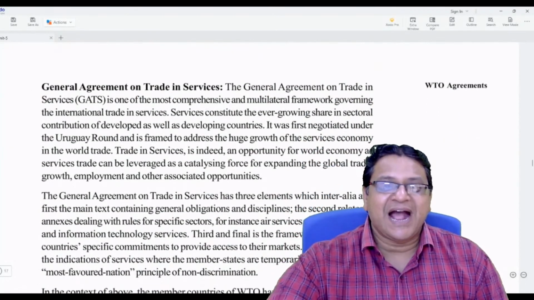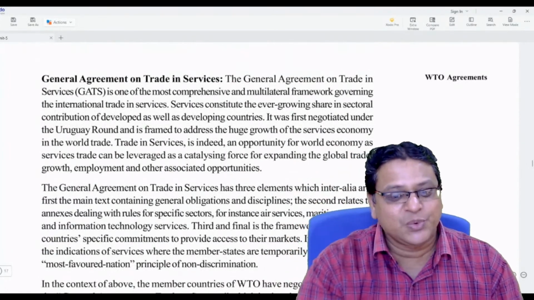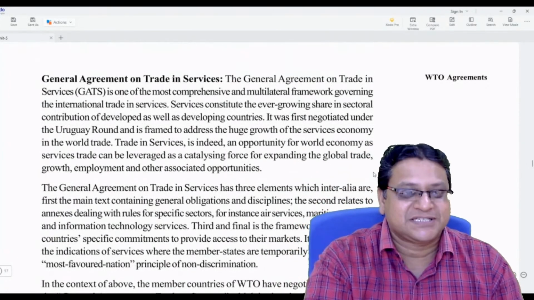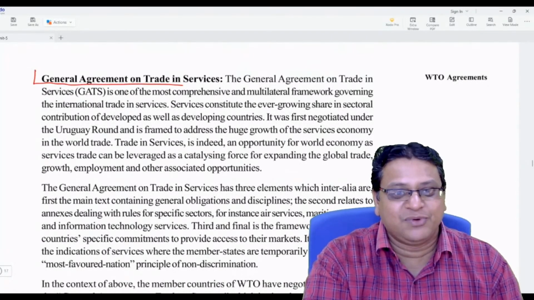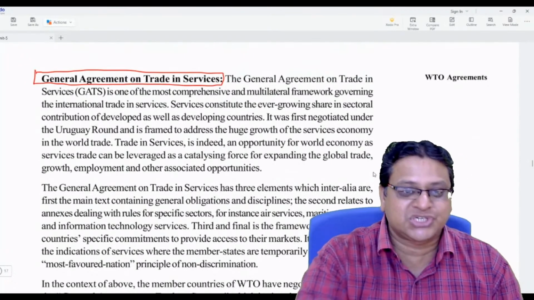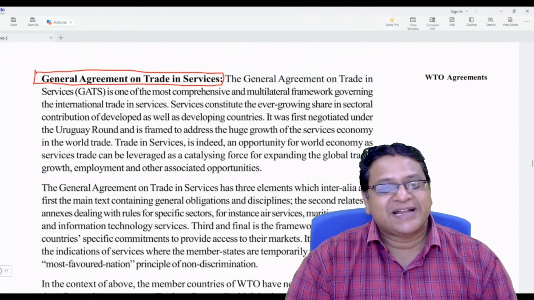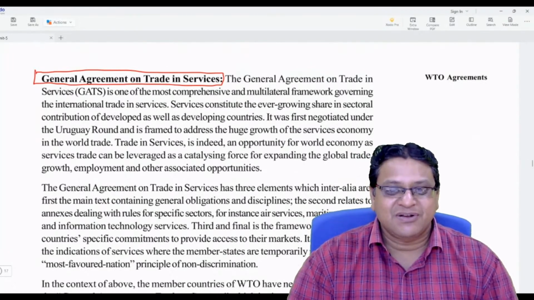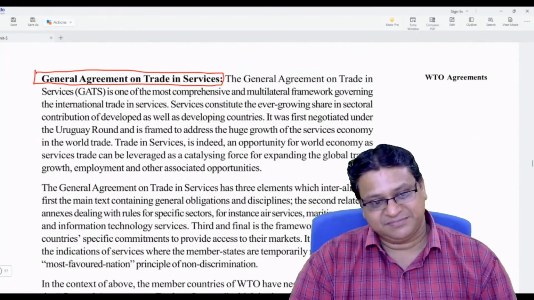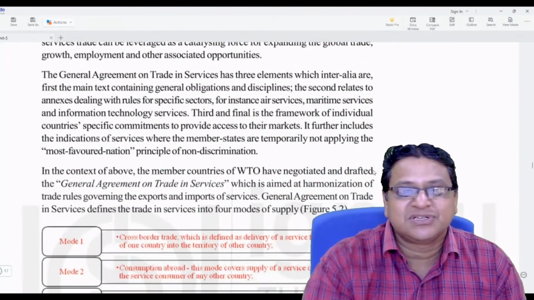Next one is the GATS agreement. What is the GATS agreement? This is the agreement related to trade in services. The rules and regulations for trade in goods are made in the GATT agreement. The rules and regulations for trade in services are mentioned in the GATS agreement.